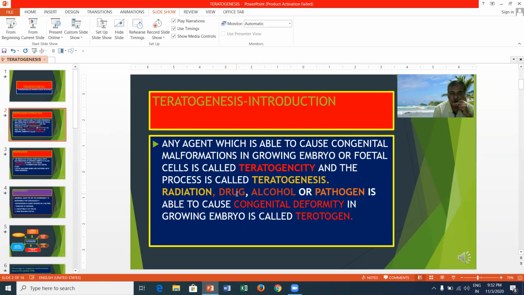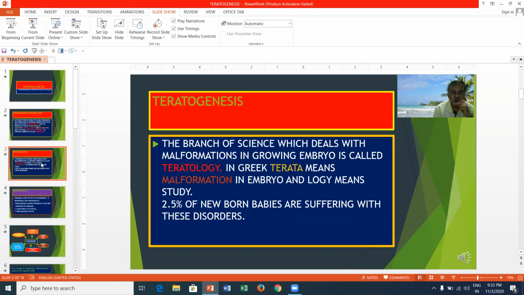Radiation, drugs, alcohol, or any pathogen able to cause congenital deformity in a growing embryo is called a teratogen. Generally, the branch of science which deals with malformations in a growing embryo is called teratology.